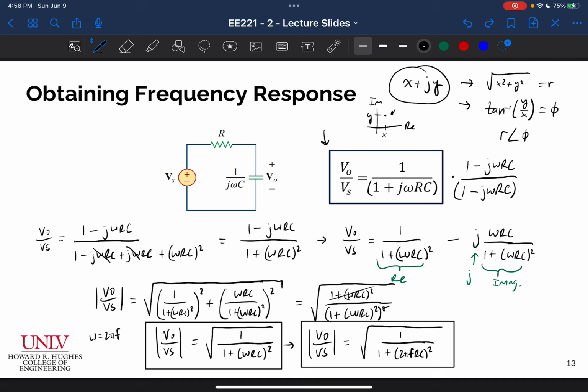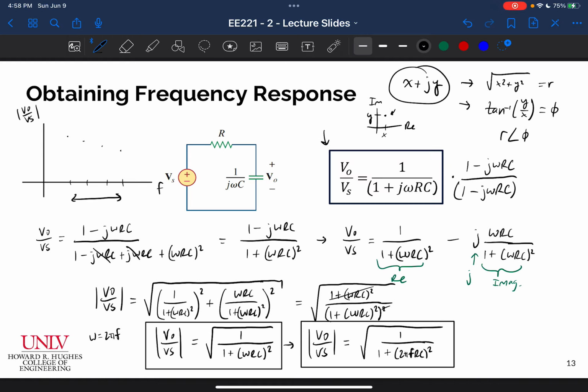If we were to plot that, and I'm not going to plot it right now because this video is getting long, I have frequency here and the magnitude of V out over Vs here, and I can plug in any number of frequency values and get some kind of response, to see what happens to my magnitude as I vary the frequency of the input signal in my circuit.